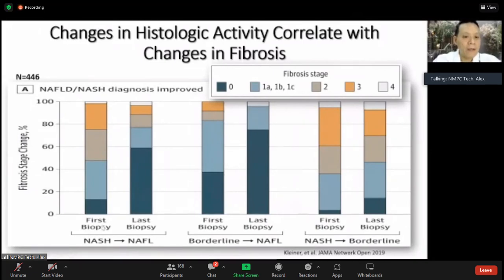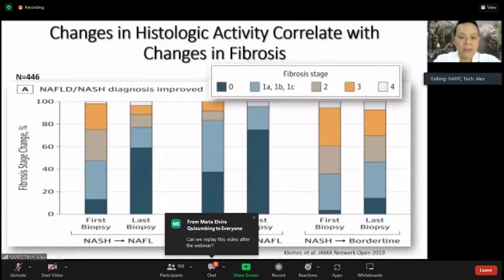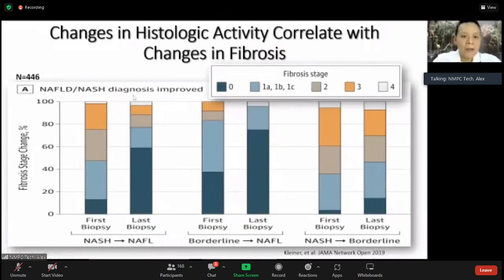So you can see here that for patients who initially had NASH, that improved to simple steatosis on the next biopsy, the probability of having significant fibrosis decreased from about 25% initially to only about 15% when the patients improve.